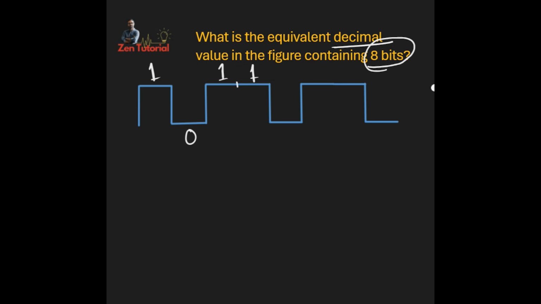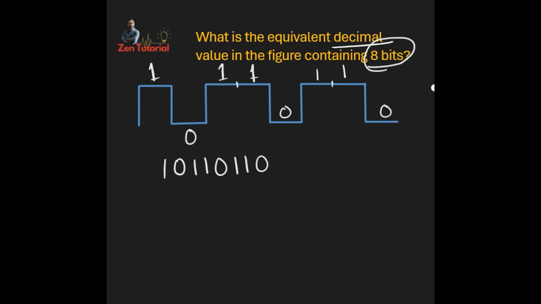So 1 and 1, again 0, and again here will be 1, 1 and 0. So how many bits here? 1, 2, 3, 4, 5, 6, 7, 8. So we can write down 1, 0, 1, 1, 0, 1, 1 and 0.